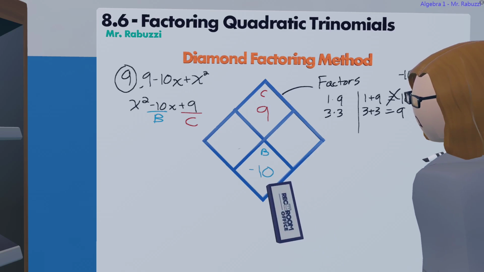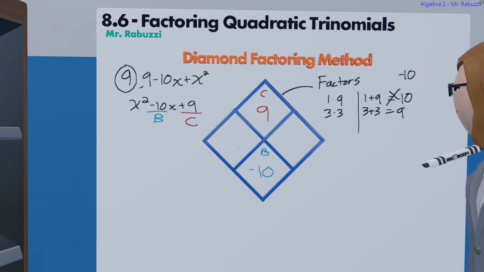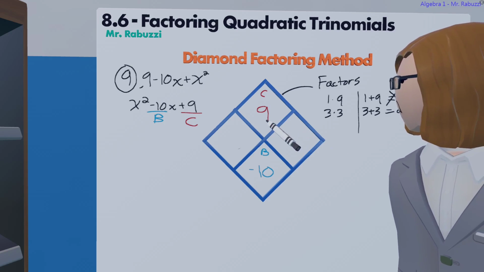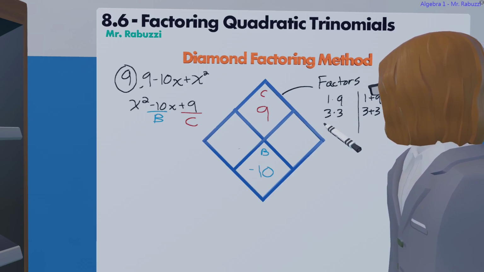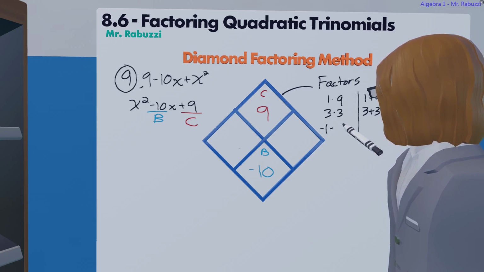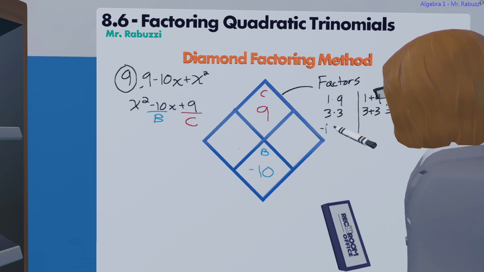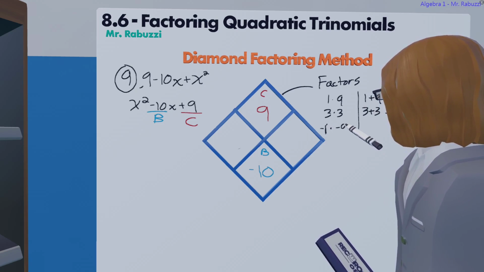But remember, if our C or our B is negative, we're going to need some negative numbers. And for negative factors of a +9, I need both of them to be negative. So let me try -1 times -9.